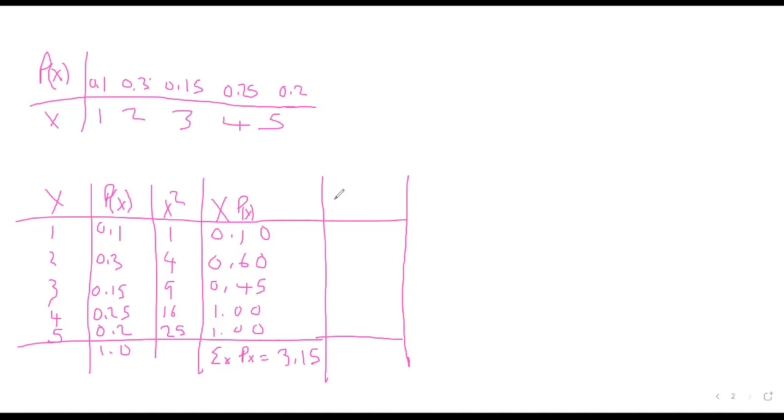Then we go to X squared times P(X). We're multiplying this by the probability.